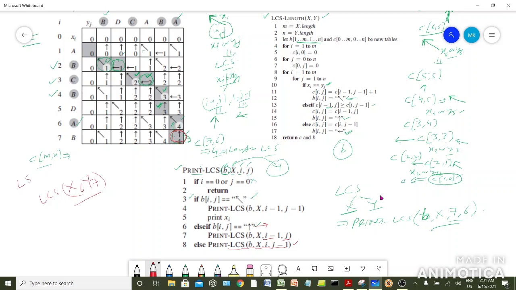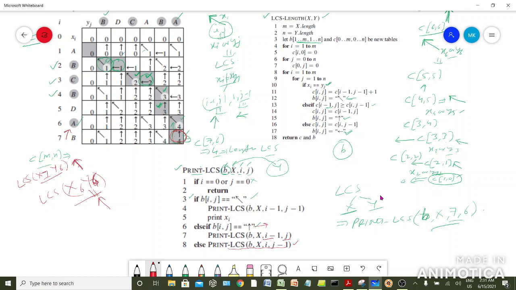Initially our target was to print x of 7 and y of 6, but we encountered a vertical arrow at this entry 7, 6. If a vertical arrow is there, then we need to decrease the row number, or you can say we need to move upwards. At x6 and y6 we encountered a diagonal arrow.